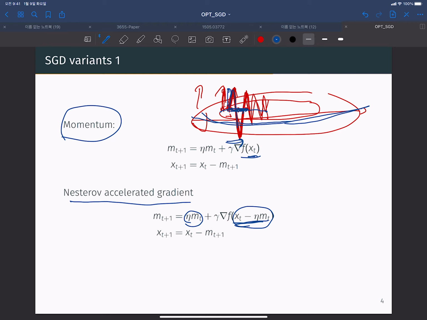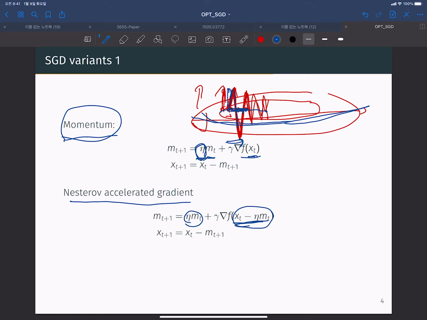Okay. And another good property of the momentum method is that it averages the past history using a moving average. So how to compute the averaging? Basically, the momentum method multiplies eta to the previous history.